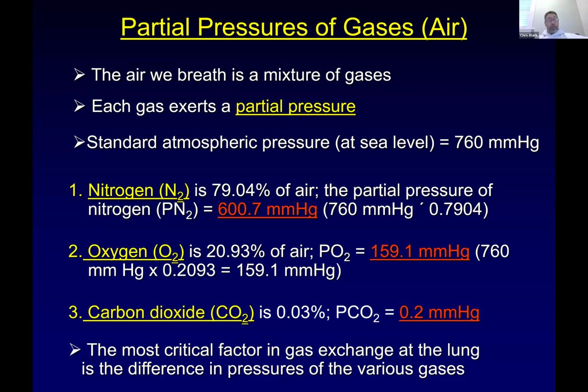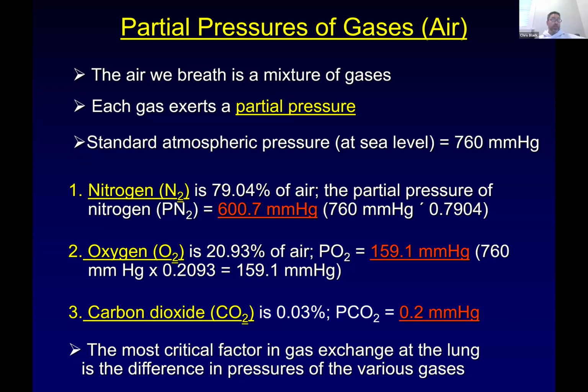At sea level, atmospheric air has a total air pressure of about 760 millimeters of mercury. That 760 millimeters of mercury can be broken down in relation to the composition of the gases in our air. And this is going to get us this idea of the partial pressure laws.